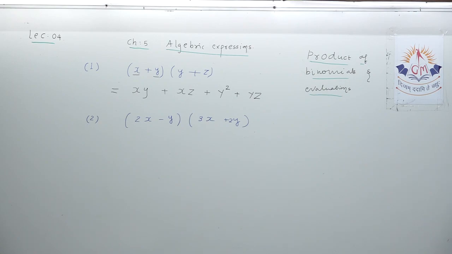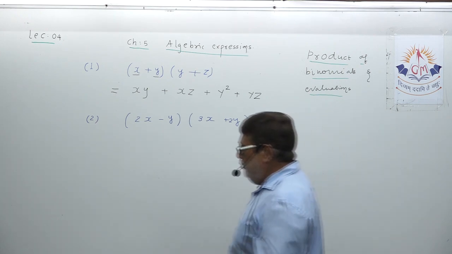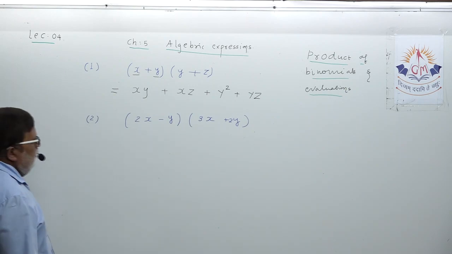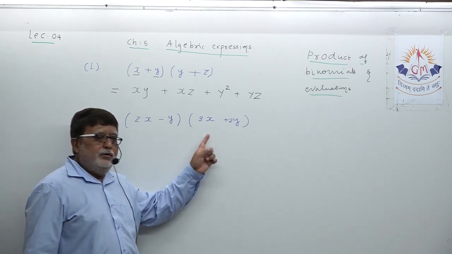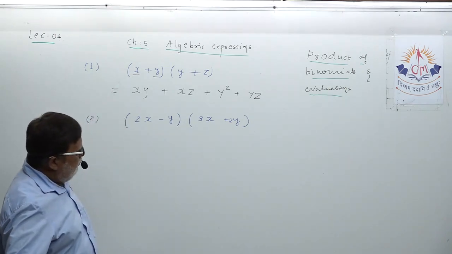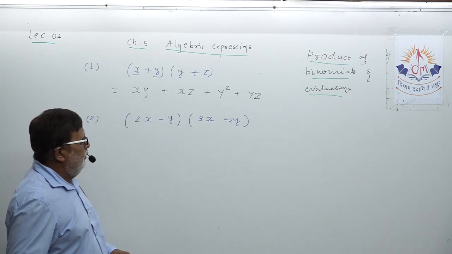Again there are two binomials which we have to multiply. First binomial, as you can see, 2x minus y, and the second binomial, as you can see, 3x plus 2y.